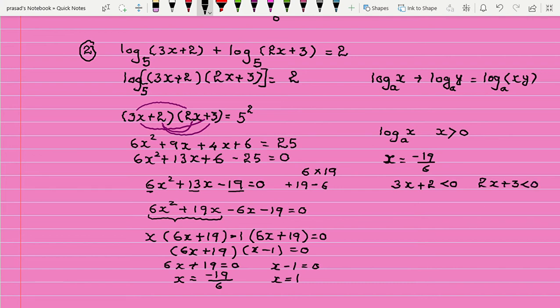So when x is negative 19 upon 6, log of 3x plus 2 as well as log of 2x plus 3 will not be defined, and hence x is equal to negative 19 upon 6 is not acceptable.